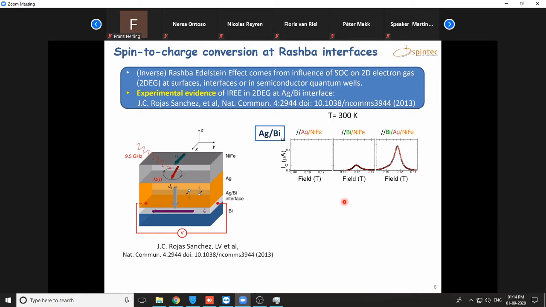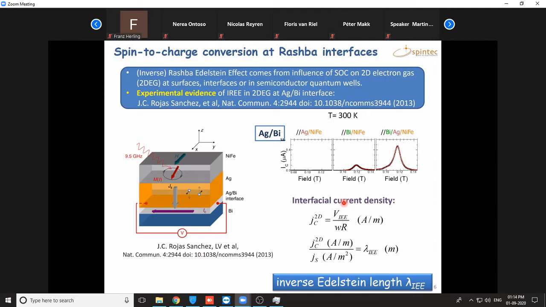The other thing we figured out is that in this experiment, we inject a 3D spin current and we get an interfacial charge current. So the ratio between those two currents necessarily has the dimension of a length, and we call it the inverse Edelstein length.